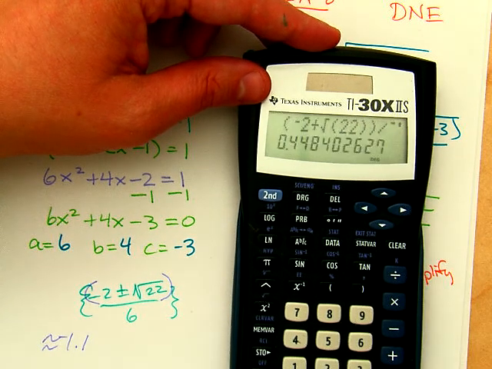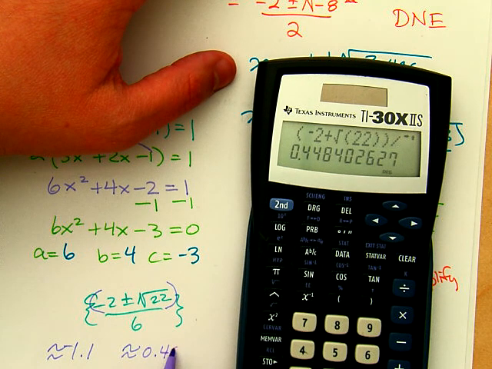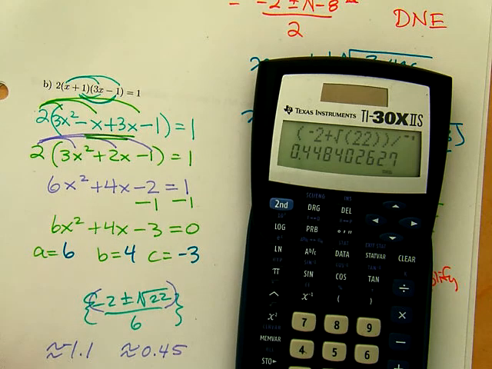Divide by 6, okay? That answer is approximately 0.45 if I round it. Well, I rounded that one to 2 decimal places, I should be consistent.